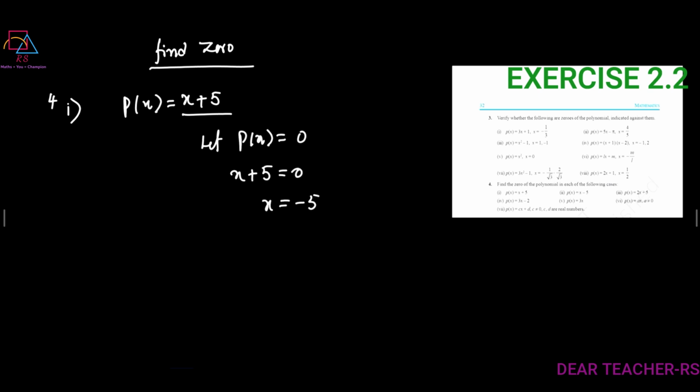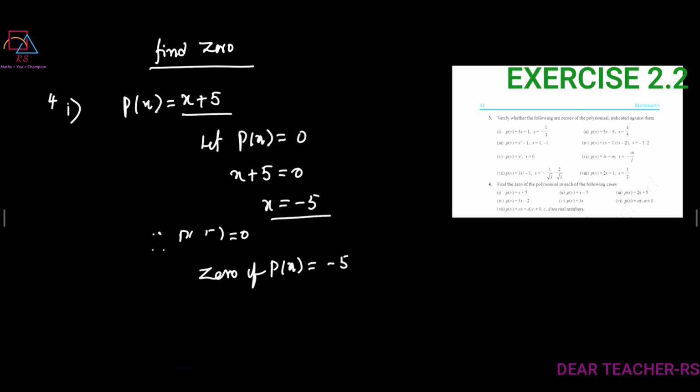We got from the simple equation, x is equal to minus 5. Therefore, p(minus 5) is equal to 0. That means the zero of p(x) is minus 5.